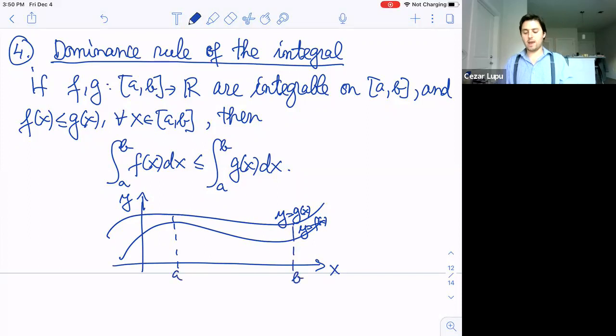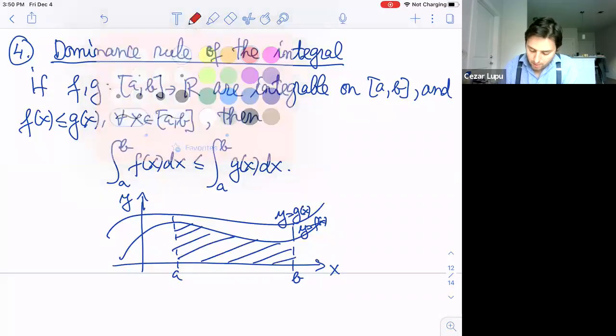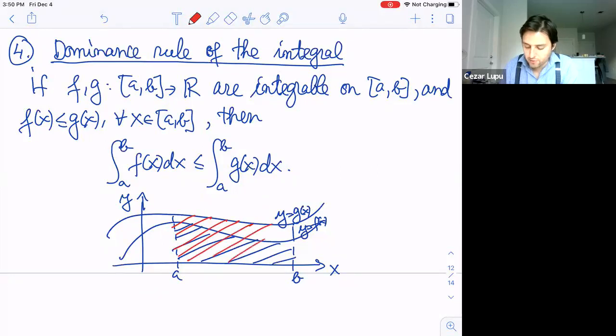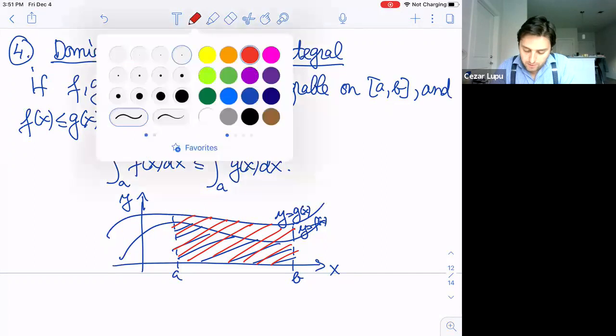It's quite clear that the area under the curve of g is greater than the area under the curve of f. This is the area of f, but here we have the area of g. As you can see, it's larger. We have this extra part here, so it's quite clear. And now another rule is the subdivision rule.